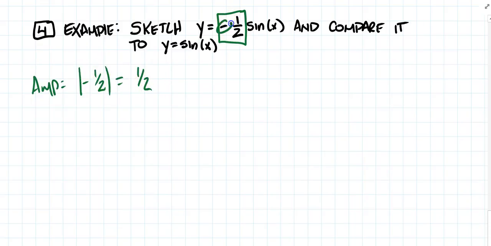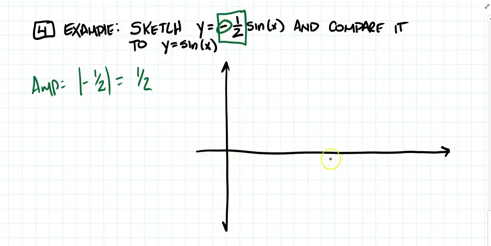The negative is going to give me a reflection over the x-axis. So to make a quick sketch and compare the two, I would start by making my basic regular graph sketch. I'd have 0, and then pi over 2, and then pi, and then 3 pi over 2, and then finally 2 pi. And this is going to go up to 1 and then down to -1.